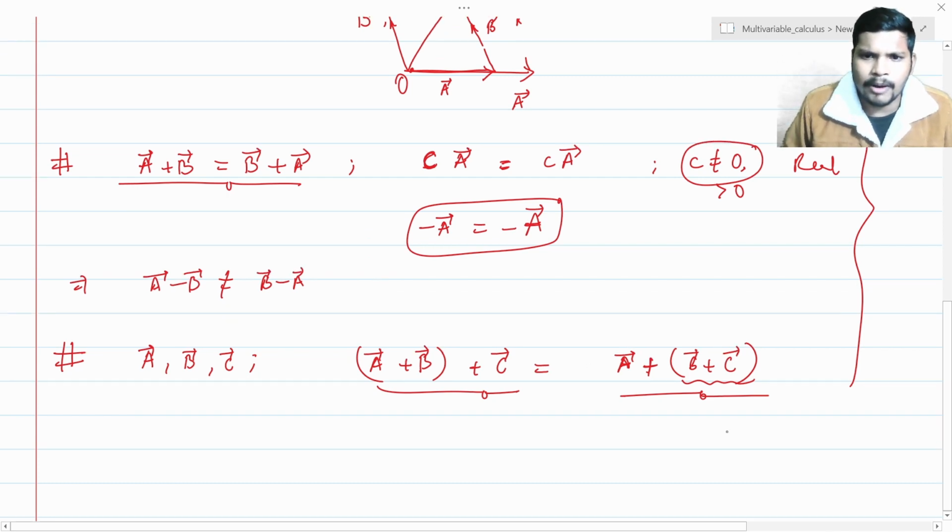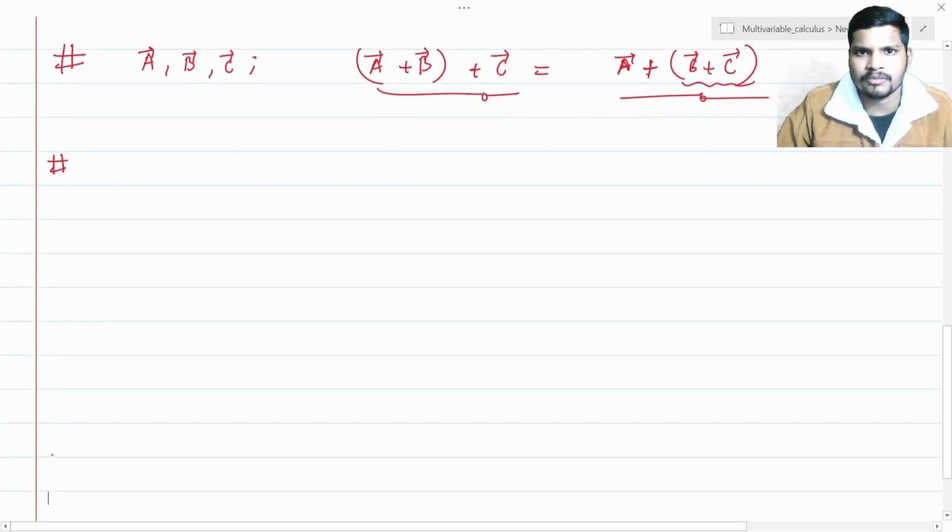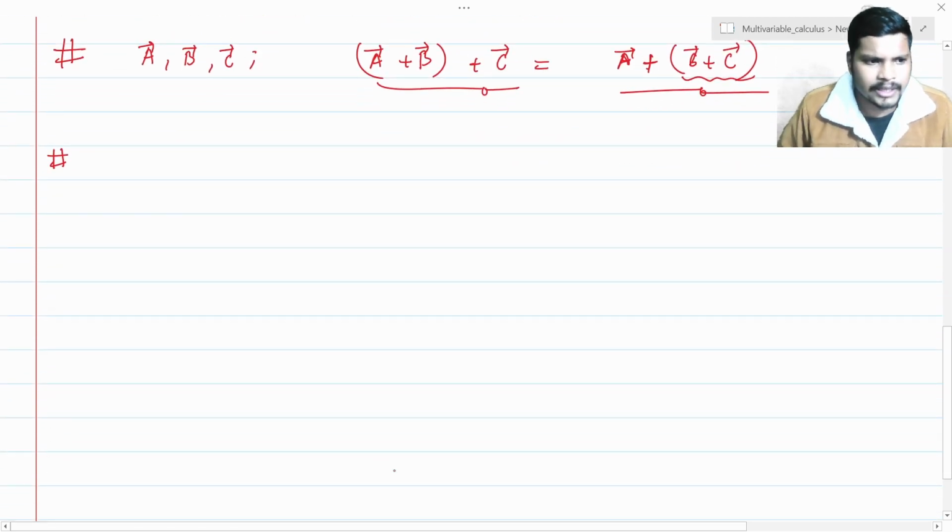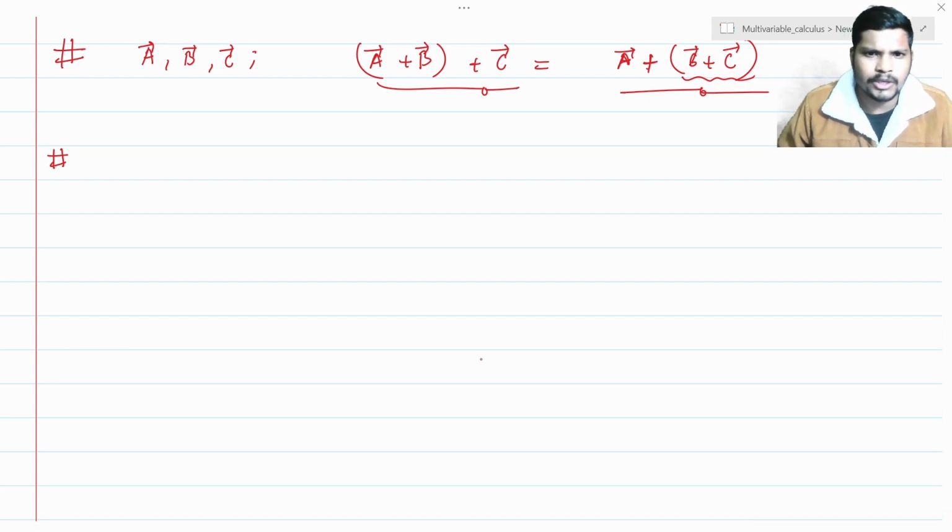Now the most important part with vectors is that we can have different kinds of coordinate systems. For example, I had shown you the Euclidean coordinate system. You can have an n-dimensional coordinate system, maybe 4 dimensions, 5 dimensions, 6 dimensions. Or maybe your space is non-Euclidean, meaning the space has some kind of curve.